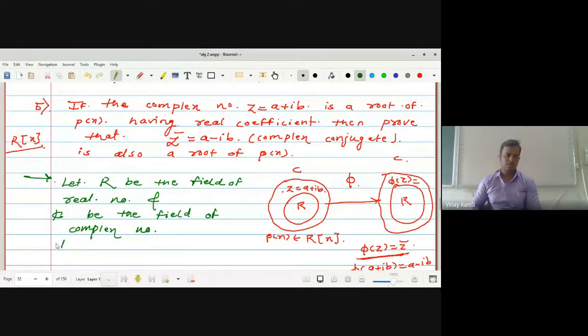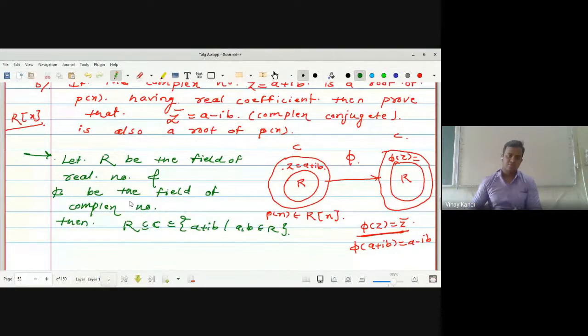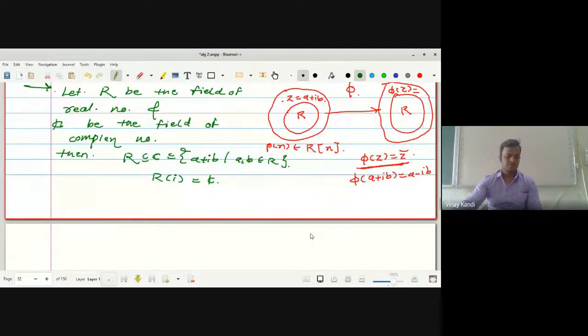Then R is contained in C, which is equal to a plus ib, such that a and b belong to R. या C ला आपण कसं काय म्हणू शकतो, R of i. If we adjoin this element i to the field of real number, then it will become set of complex number. Any doubt up to here?